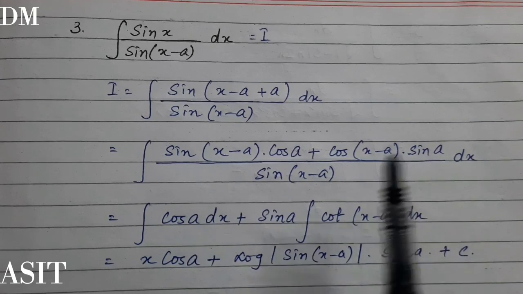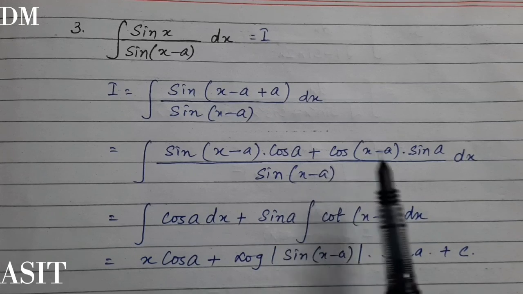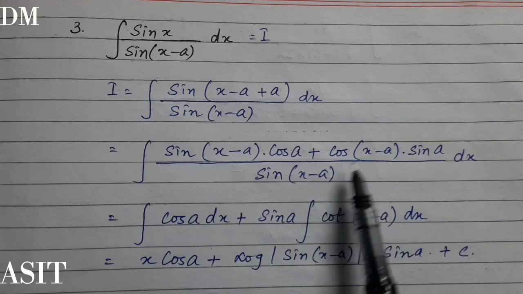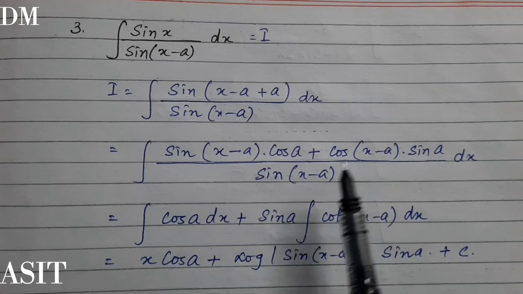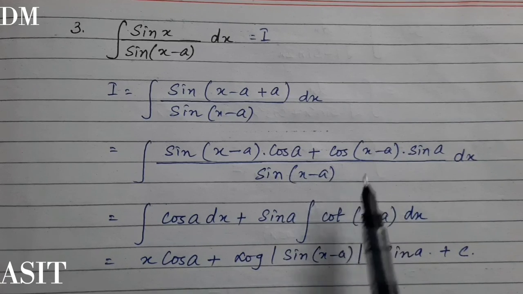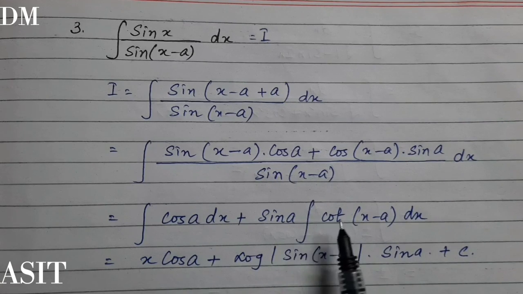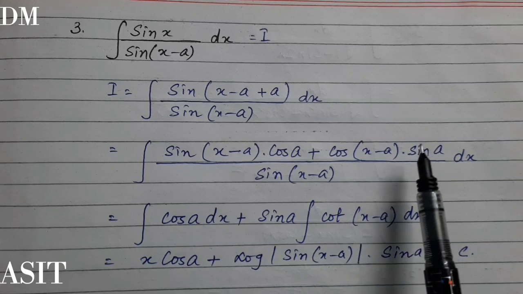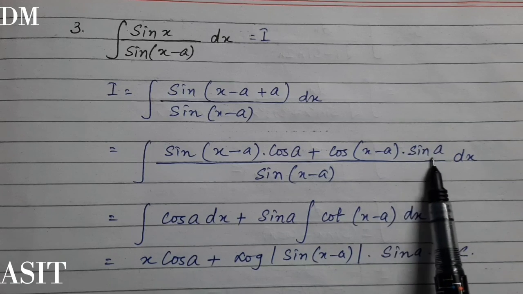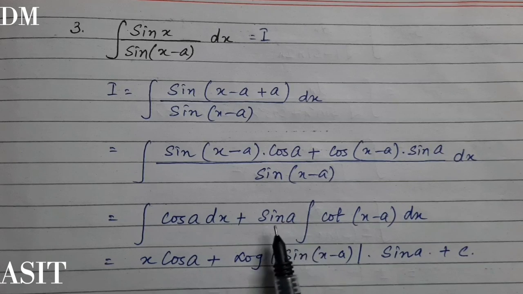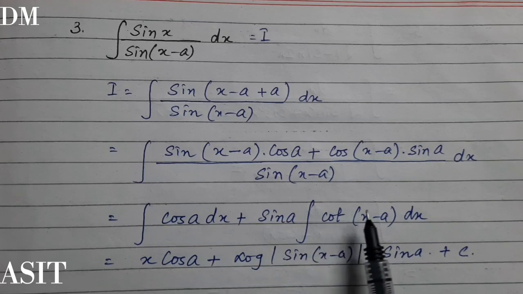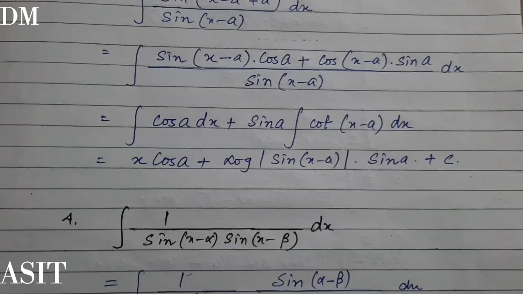Plus, if we distribute with that, cos of x minus a by sine of x minus a will be cot of x minus a. So it is integration of cot of x minus a, and this is sine a, which is a constant number. So this sine a will go outside the integration. So it will be sine a integration of cot of x minus a dx.